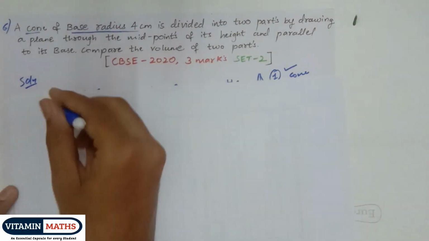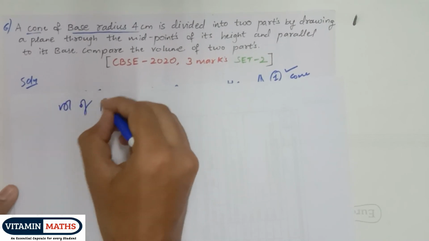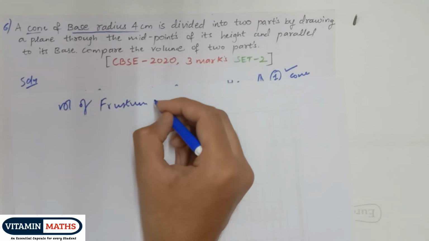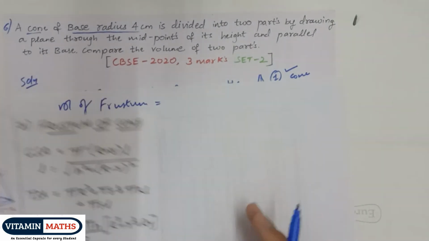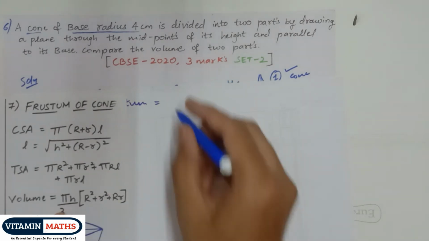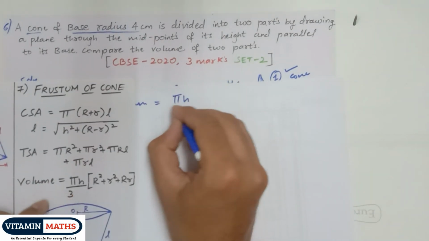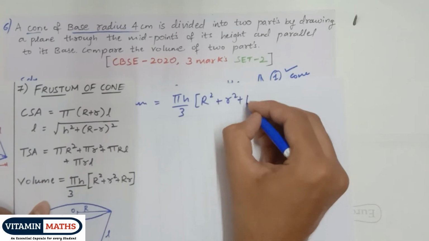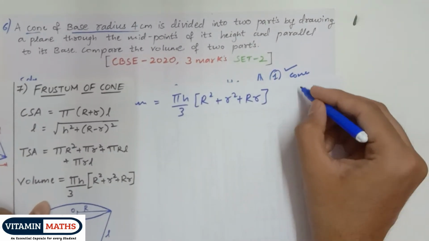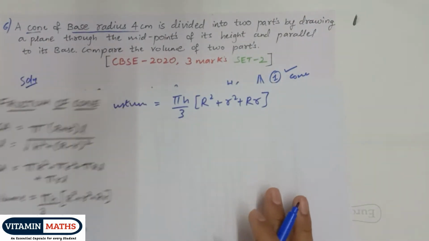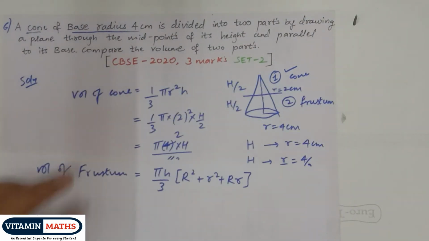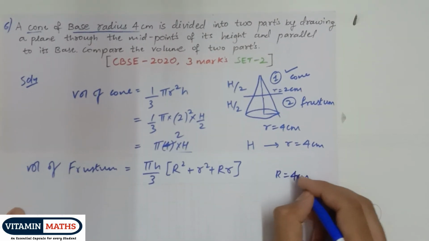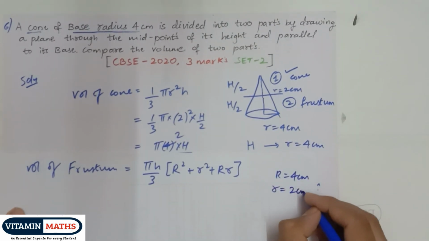Volume of frustum is equal to, the formula is pi h by 3 into capital R square plus small r square plus capital R into small r. Here the bigger radius is capital R and the smaller radius is small r.